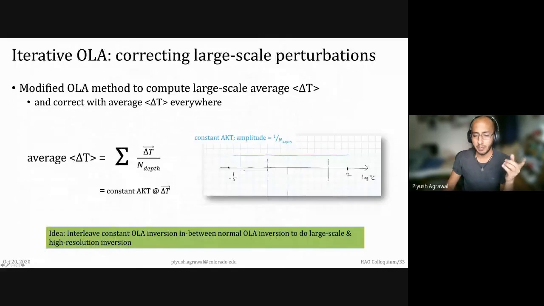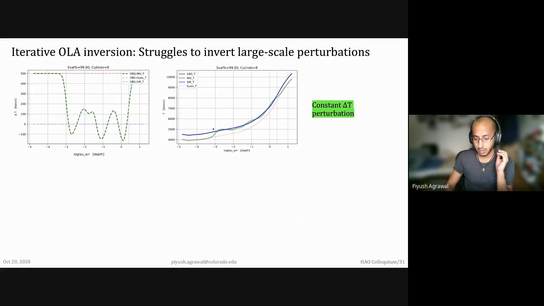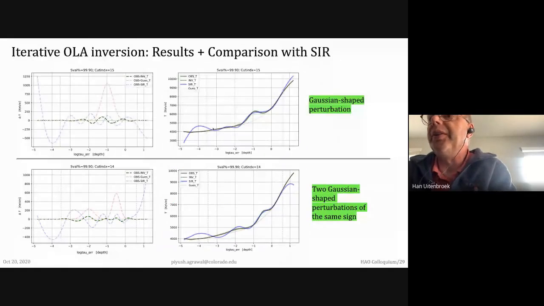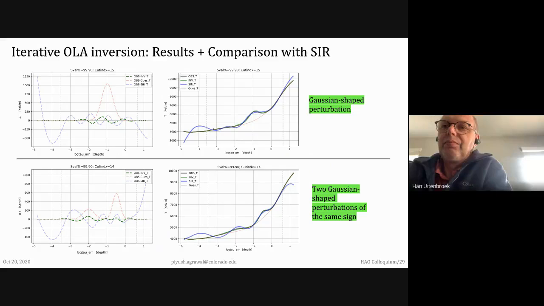I thought of first doing this in the SIR framework, to do the large scale perturbation or large scale inversion using SIR and then do the refinement using the OLA. No, I was just talking about speed, not necessarily. If it's just about speed, then okay, I get it. Okay, fine. Okay, thanks.